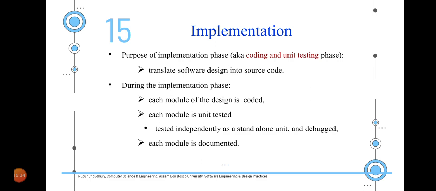After each module is coded, it is unit tested. That means it is tested independently as a standalone unit and debugged. After this is done, each module is documented along with its input and output, as well as the different processing that is involved.